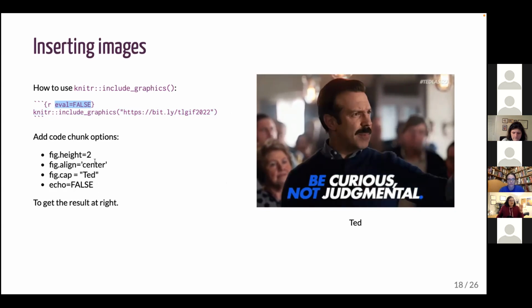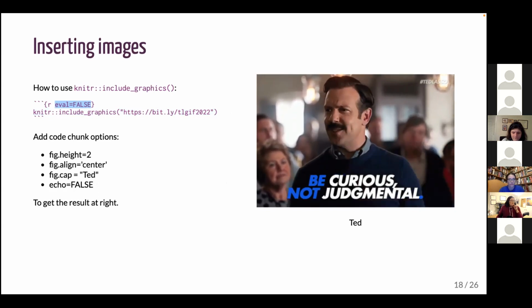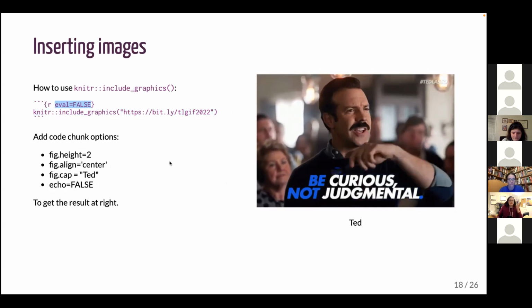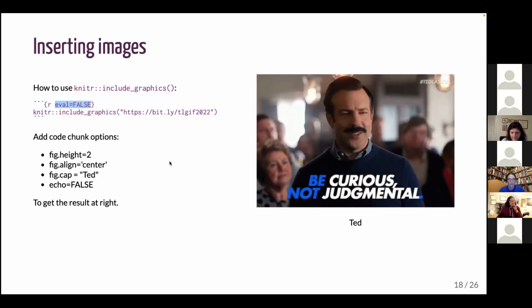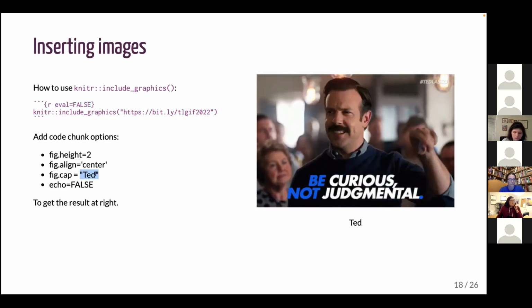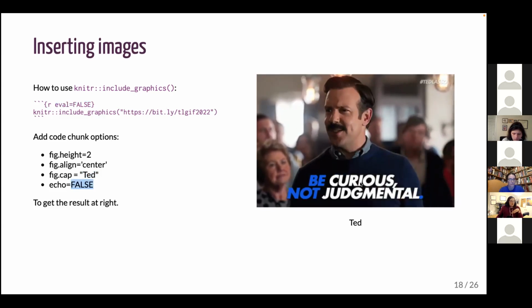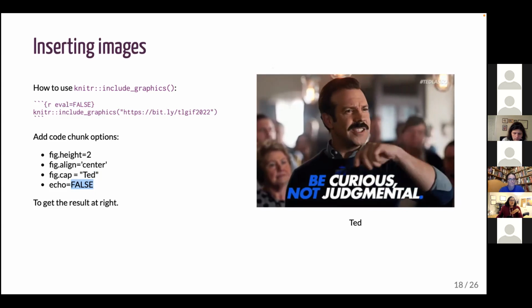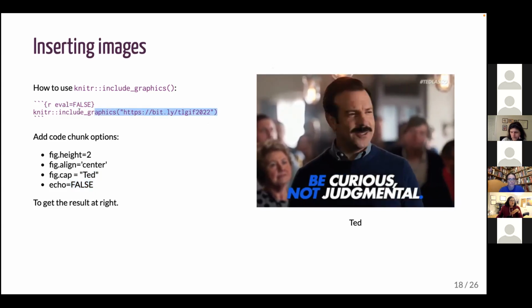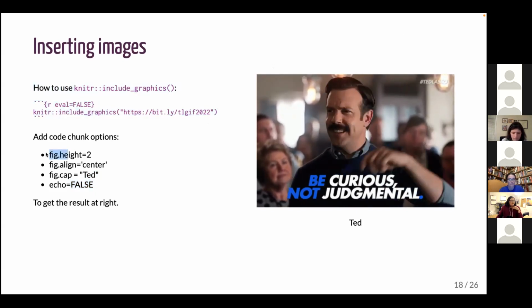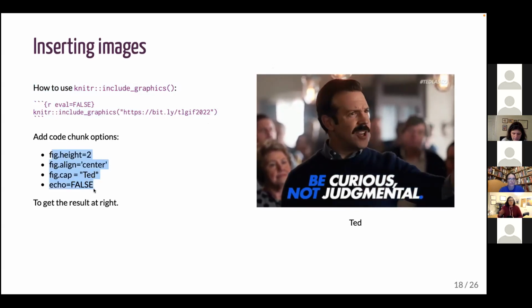That's just kind of a random how tall I want it to be. Fig.align = center, so that it's centered in the place where I'm putting it on the page. And then this is my caption. And then I don't want the code to appear above it. I just want the image to appear above it. And so then that's what you get when you insert the image this way. And so it's nice that you can have all of these control options over it.